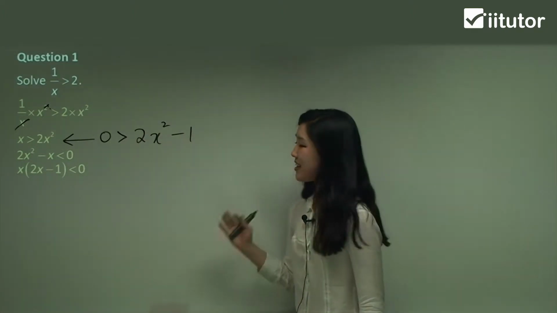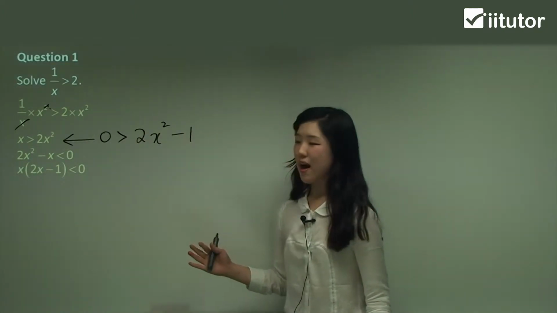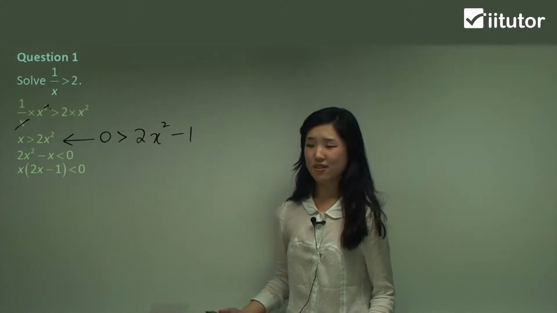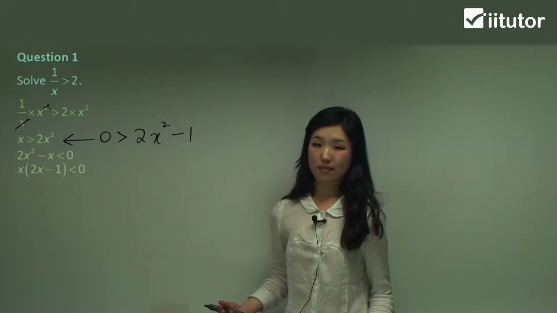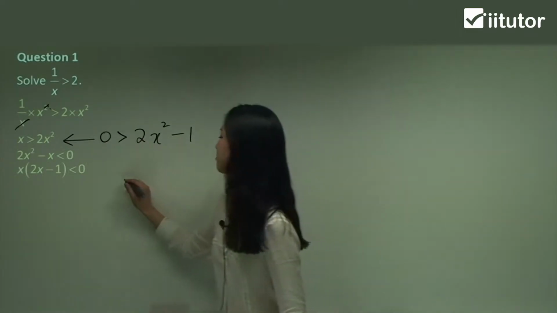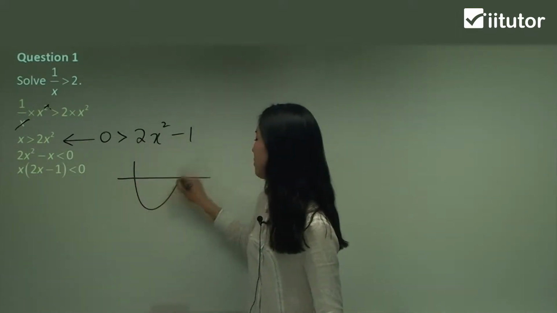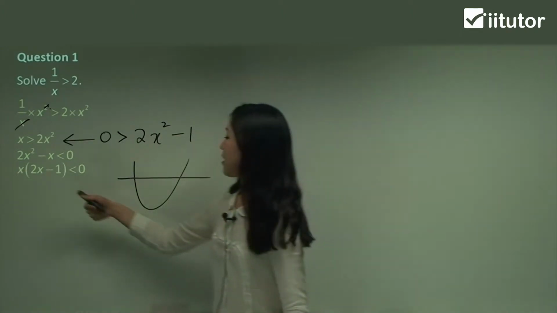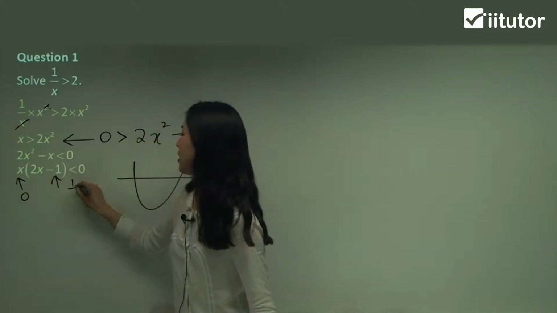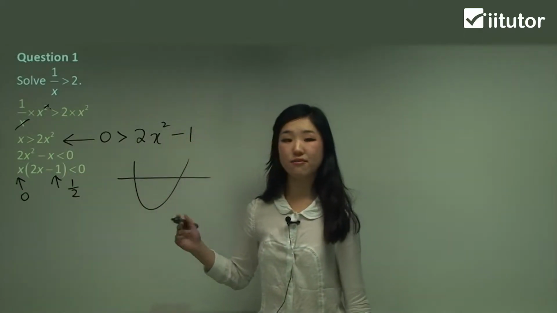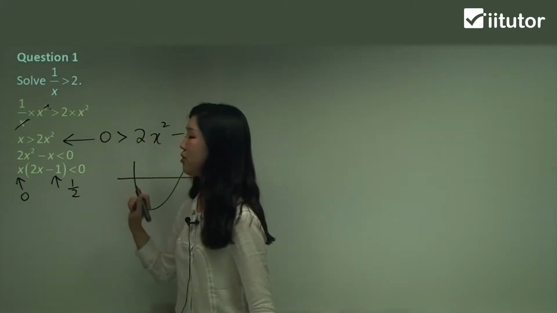When I get to this step, I always like to draw a really brief parabola, because that always leads me to the correct answer. Here, x is going to be 0. Here, x will be a half if I let this whole thing be equal to 0.